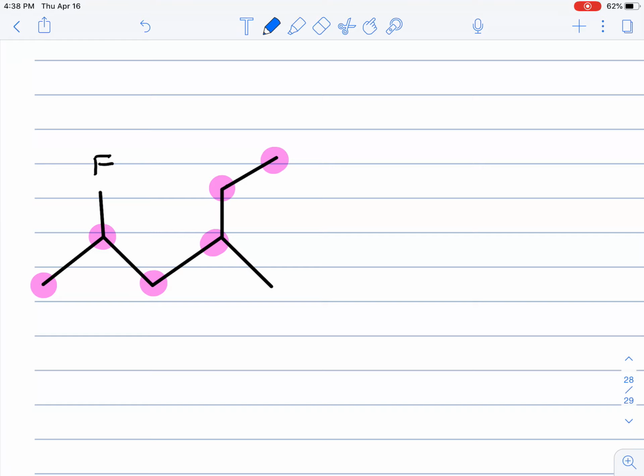Since 6 is greater than 5, I'm going to keep this as the longest consecutive carbon chain. Let me determine the name of the parent chain. Since we have 6, the parent chain is going to be hexane.